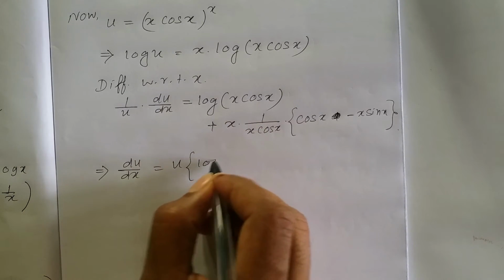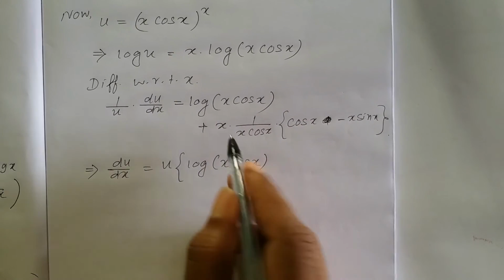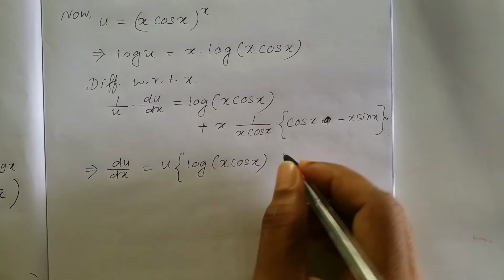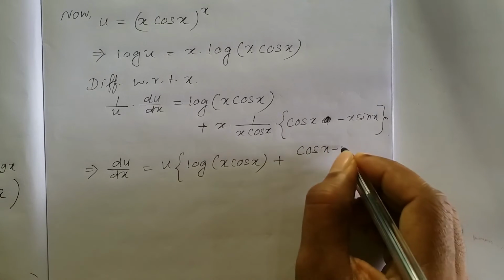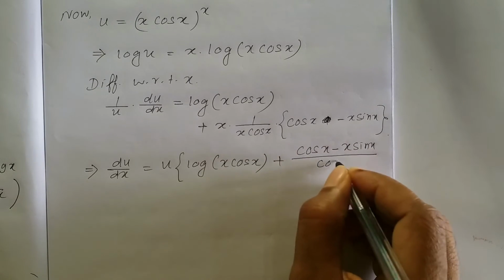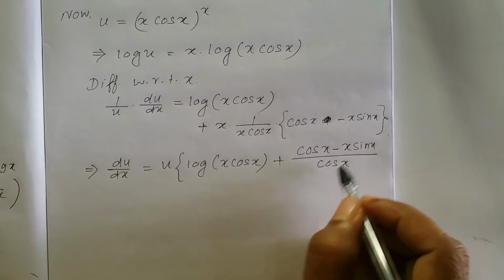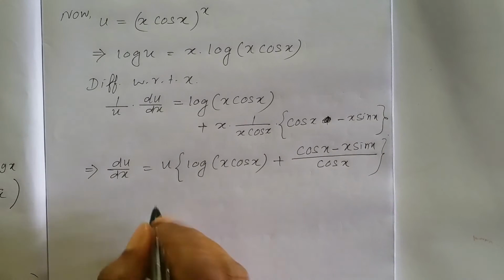It is log of x cos x, this x is cancelled, so plus the numerator will be cos x minus x sin x whole terms divided by cos x only. So this you can write as 1 minus x tan x, no problem with that.